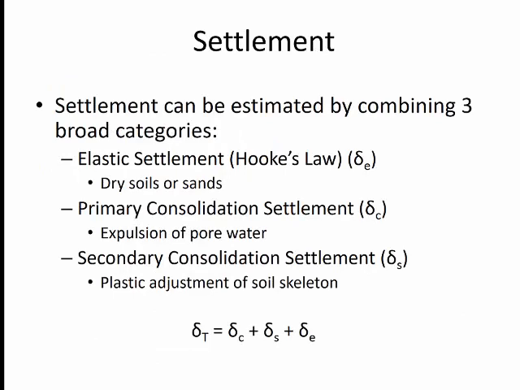So the word settlement really can be estimated by three different broad categories. We have the first type of settlement, which is an elastic settlement, and that is a standard deformation from a linear or elastic perspective of sands or dry soils. And that can be utilized in this experimentation, but it is fairly simple, and oftentimes it's very small.